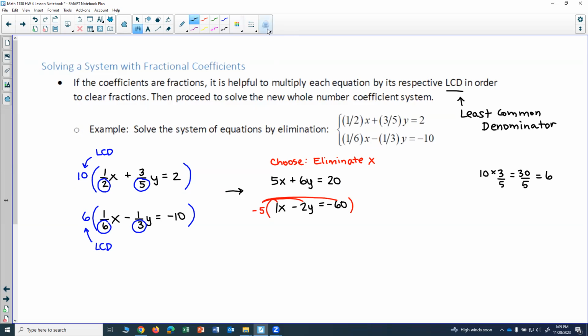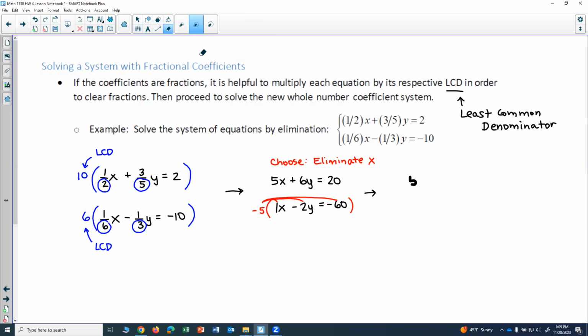So let's write our new system. I'm going to get rid of this side calculation that I did earlier.